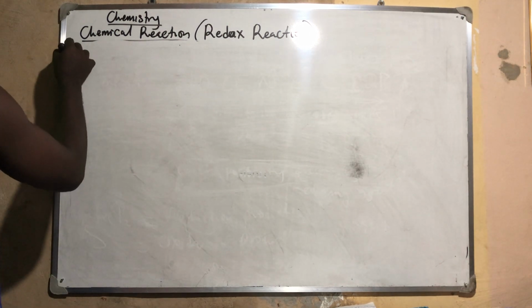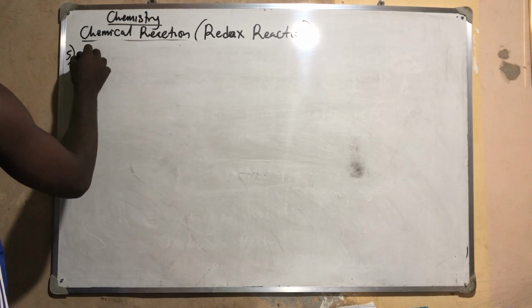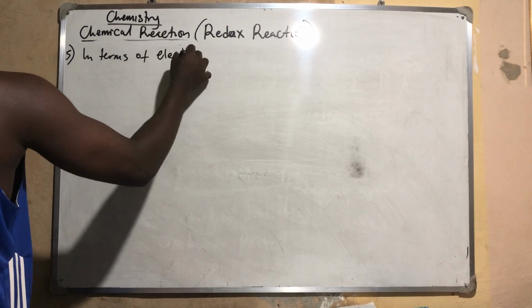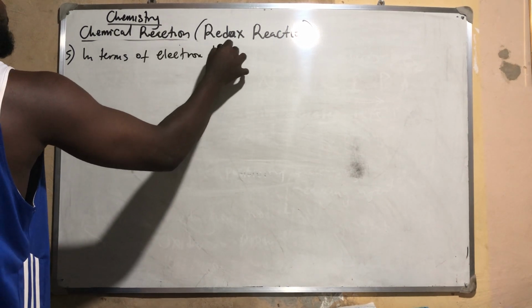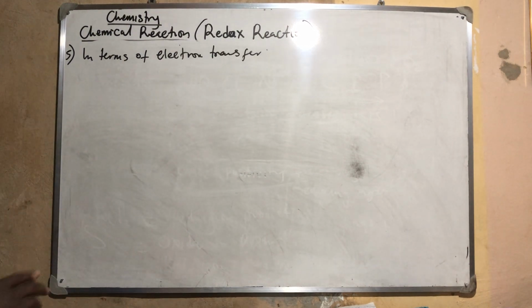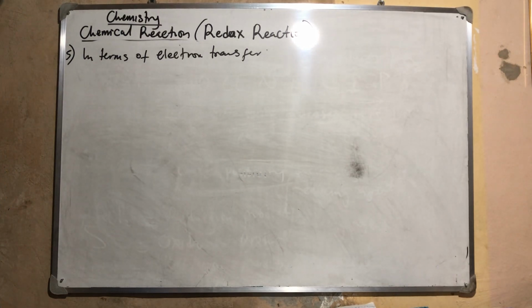So the next one, I think number 4 or number 5, is in terms of electron transfer. The most generally accepted definition of oxidation and reduction is in terms of electron transfer. Oxidation is the loss of electron, while reduction is the gain of electron.